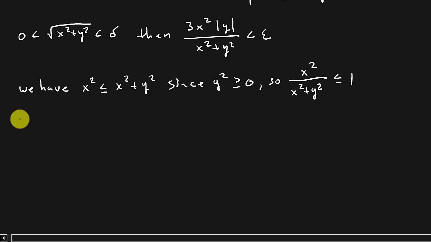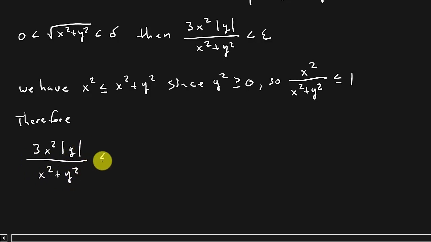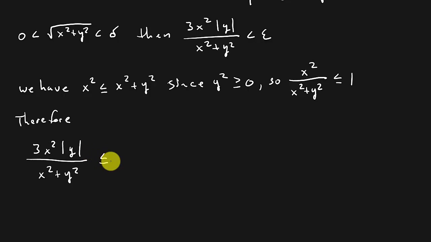So therefore, we've got 3x squared absolute value of y over x squared plus y squared is less than or equal to what? All right, so let's look at this for just a second.